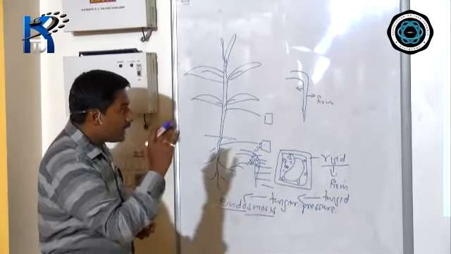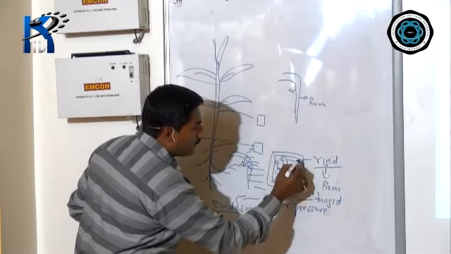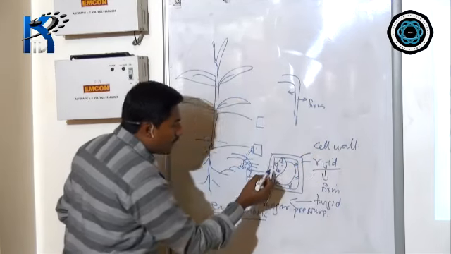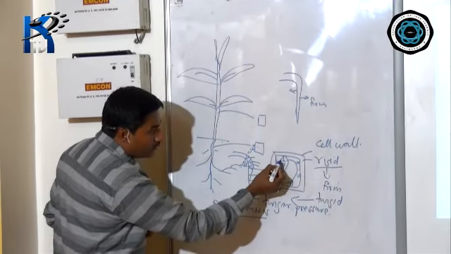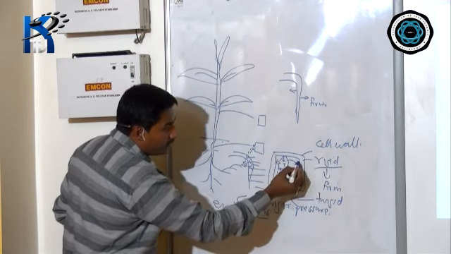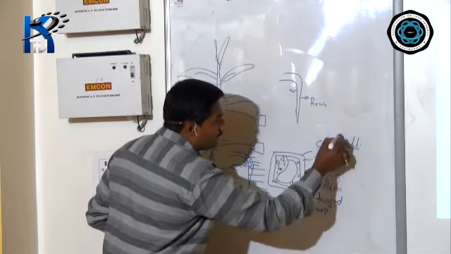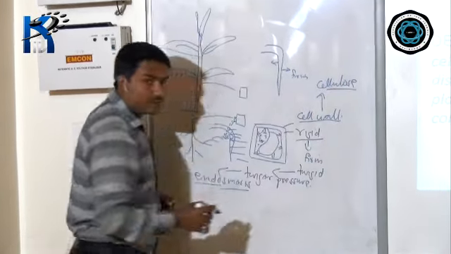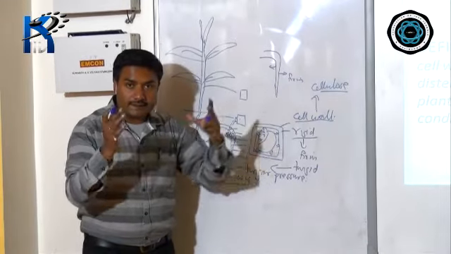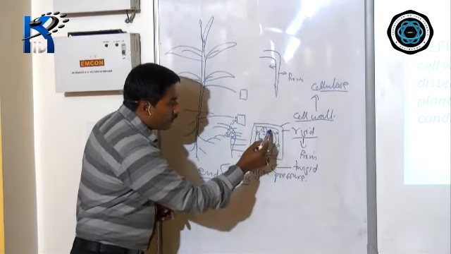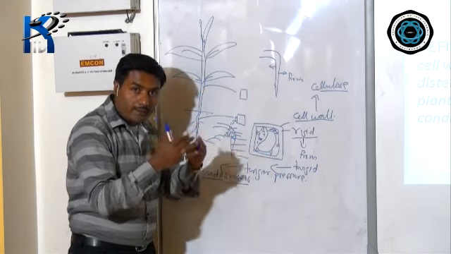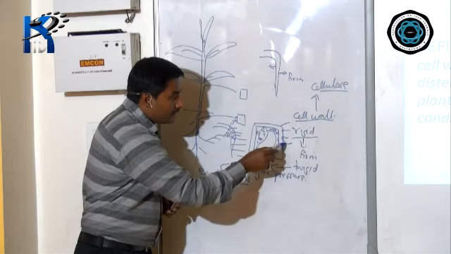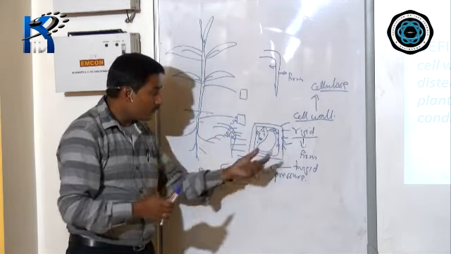Now, at the same time, you also have to keep in mind, suppose this is the cell wall. When the endoosmosis took place, this cell wall, which is made up of cellulose, is hard enough, rigid enough. So automatically, due to endoosmosis, when the pressure is created on the cell wall, the wall will counter it.